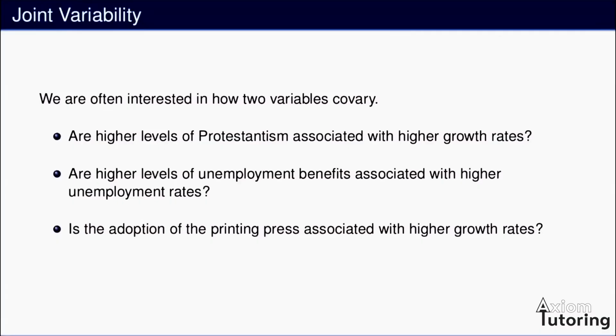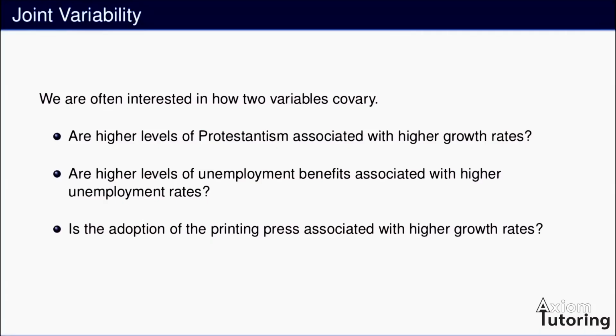The second question is, are higher levels of unemployment benefits associated with higher unemployment rates? And that would be a question that would have a very high relevance in terms of policymaking. And the final example of a question that could be of interest to a historian is, is the adoption of the printing press associated with high growth rates?